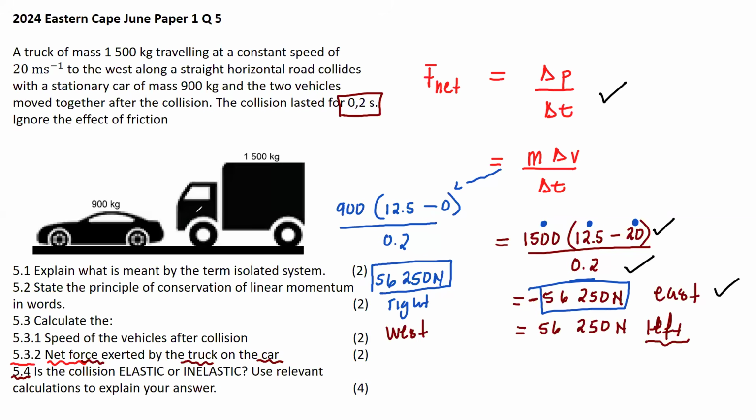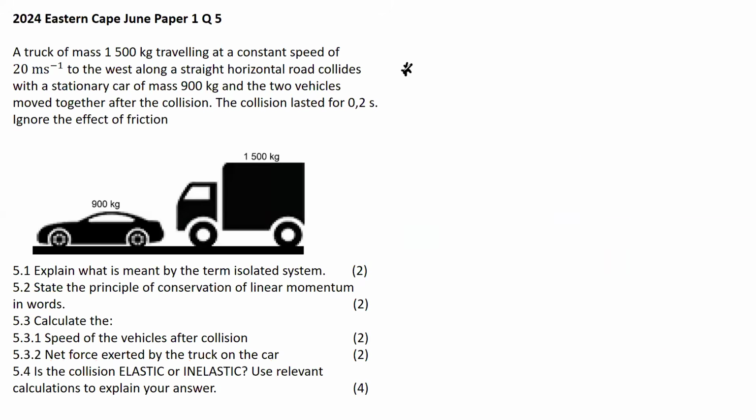So let's try 5.4. Is this elastic or inelastic? Remember, when it comes to elastic or inelastic, we need to consider the kinetic energies. So let's get the kinetic energies initially, or before the collision. We work it out together. Kinetic energy as a formula is half mv squared.